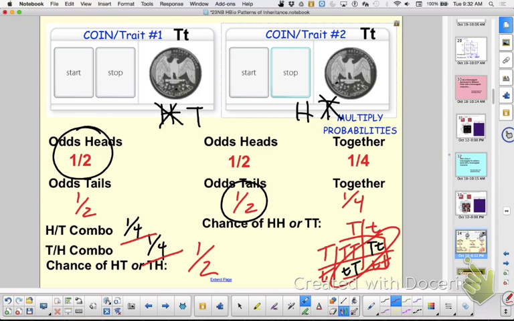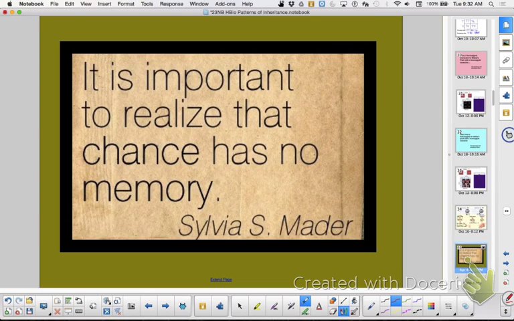All right, so you have to remember that chance has no memory. When you're looking at this and a couple has a baby, the first time they have a little girl, what were the odds they would have a little girl? 50%, half of a chance.